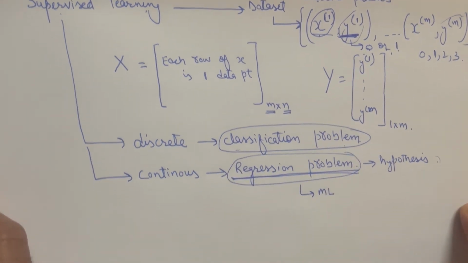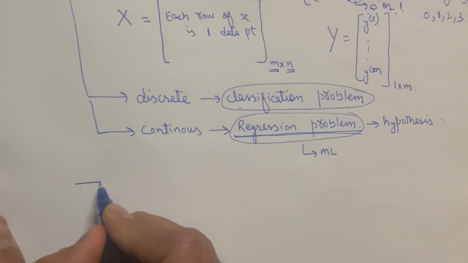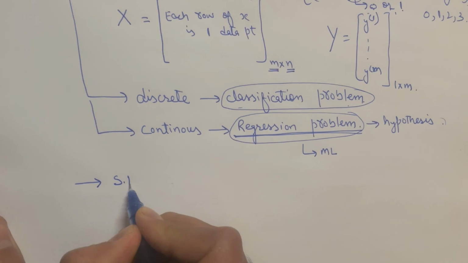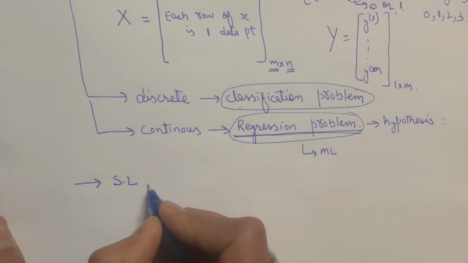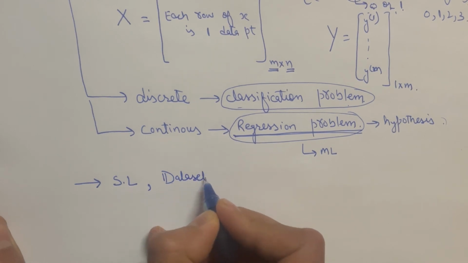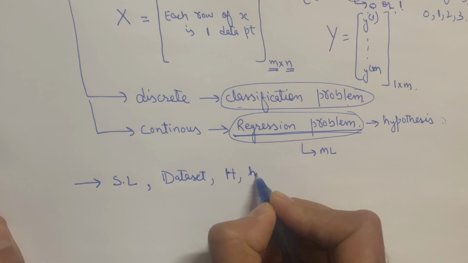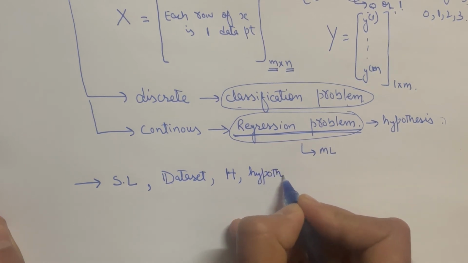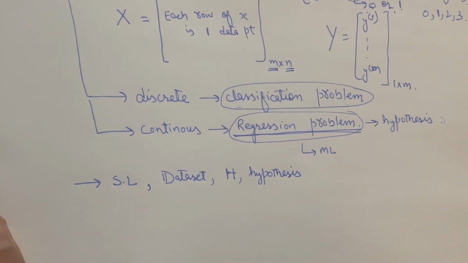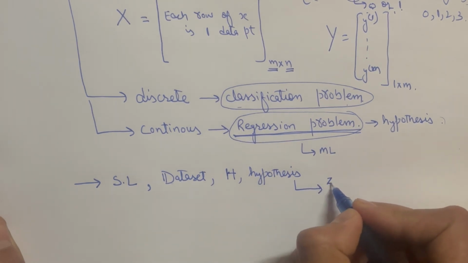Before wrapping up this video, let's recap what we discussed. We discussed what supervised learning is, what a data set is in supervised learning, what a hypothesis class is, and how we choose a hypothesis function. In this, we saw two types of losses.